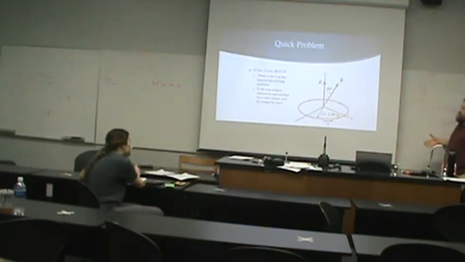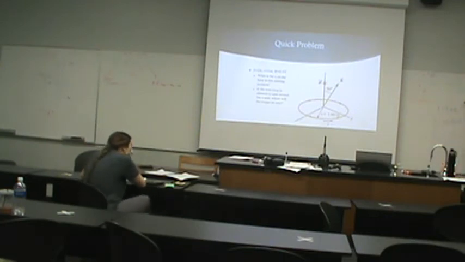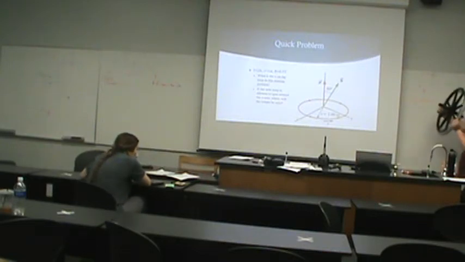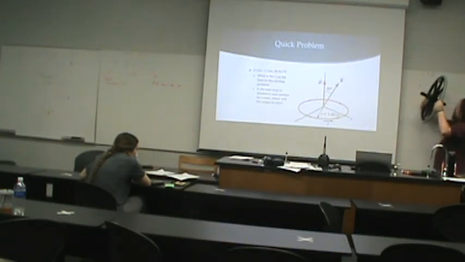So as these loops spin, the amount of perpendicular field changes. And eventually, when the loop is completely parallel to the magnetic field, none of the field is perpendicular and the torque drops to zero.